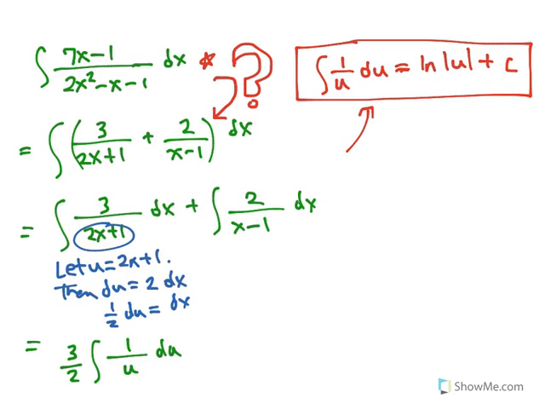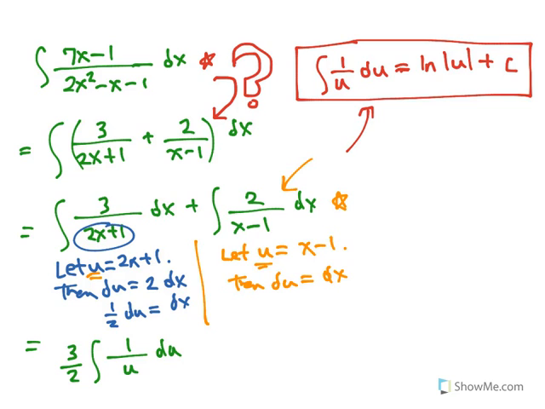And you can also do a u substitution for the second integral. I'll just use a different color. I'm using the same letter u, so it might be confusing, but I'm using a different color to help you see that this is only for the second indefinite integral. Let u be equal to x minus 1, then the differential of u will be equal to dx.